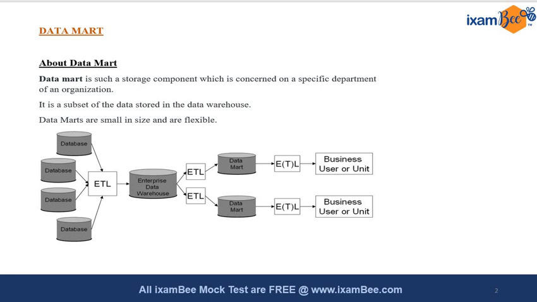After getting the data marts, we do the ETL operations again depending upon our need to get the desired output in the relevant form. So data marts are very specific to a department of an organization or to a particular business unit.